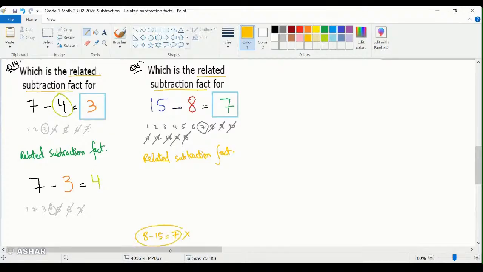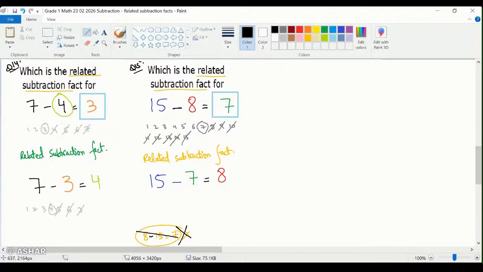This is incorrect. 15 stays in its own position. Only the position of the smaller numbers is interchanged. We cannot do this. That's not possible because 8 minus 15 logically at your level is not possible. I think that was a typing error, right?